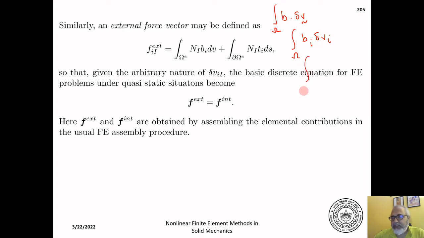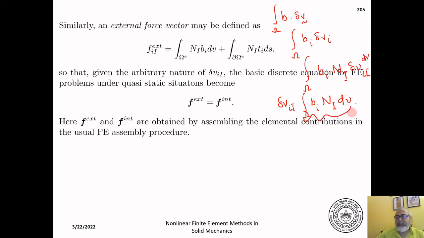In place of delta vi, I put N capital I delta vI times dv. Delta vIi comes out, and I'm left with bi capital Ni dv.